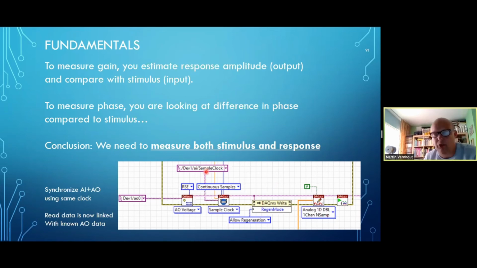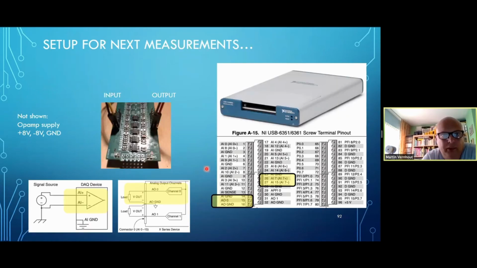So the moment the analog output starts, the analog input is running as well, because actually it's the analog input which is making sure that the analog output gets clocked, and then the waveform presented there will be outputted to the real world. So the setup for this measurement is, again, I have that multifunction data acquisition box. I have my op-amp, I have a power supply, I've connected the wires.